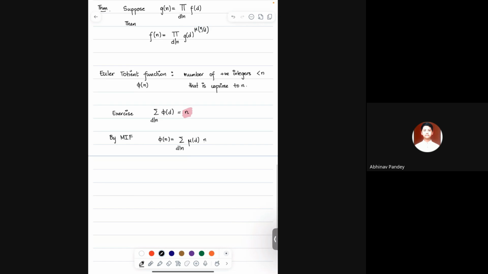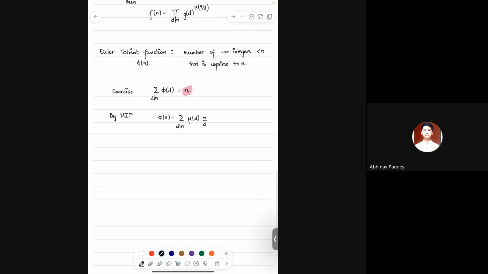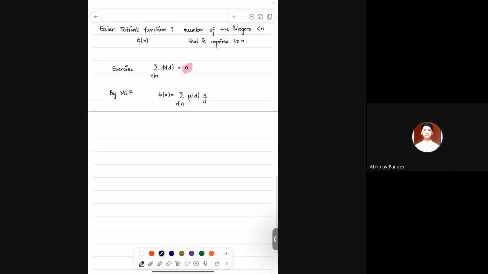So this is n/d. The sum is running over the divisors of n, and n does not really depend on d, so you can pull that out of the summation and say that phi(n)/n is the summation of mu(d)/d, d dividing n. So this is coming from the Mobius inversion formula.